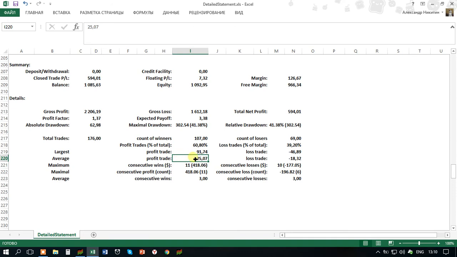Instead of this number of average profit trade, I will paste this formula, Control V. You remember we've been counting the profitable trades within the P range, yes? But instead of counting, I wanted to calculate the average within the same range. So I am to type this.